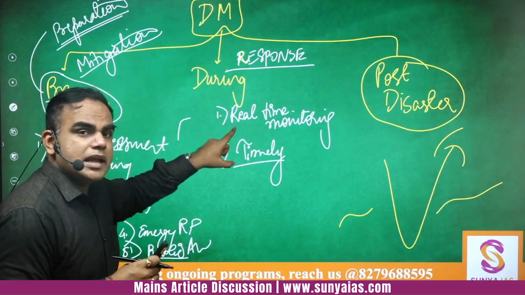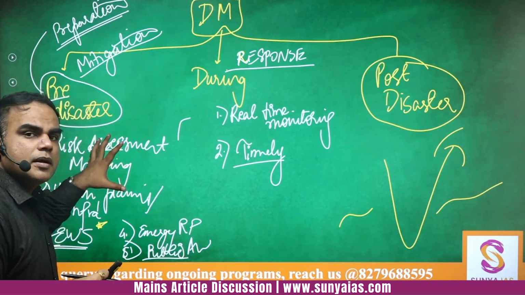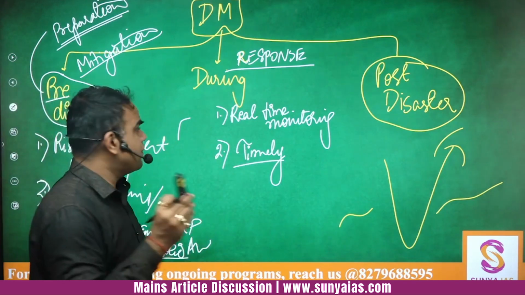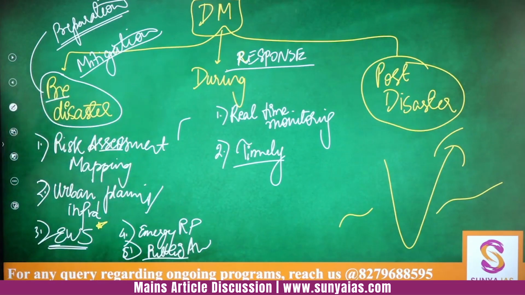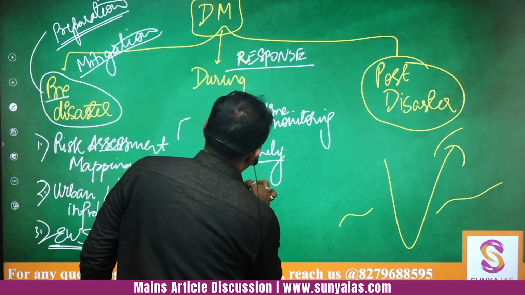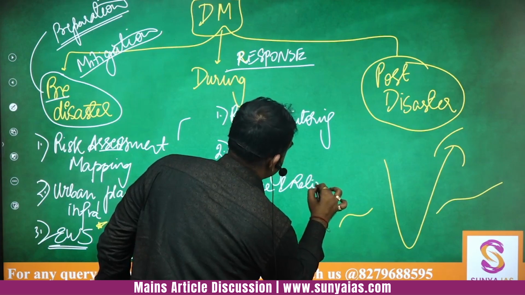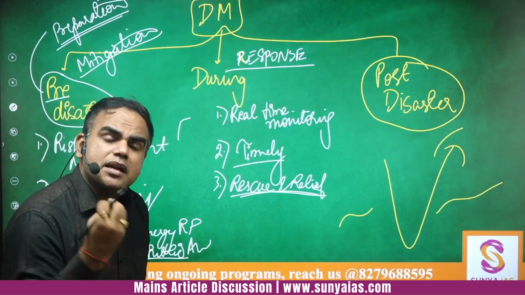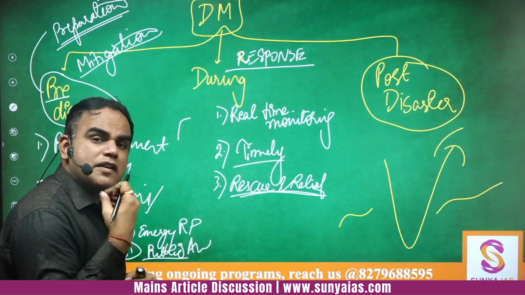And for this, your infrastructure has to be very strong, very solid, so that the moment you are able to know this disaster has arrived, real time monitoring should begin as soon as possible and timely response has to be there. Now after timely response, you have to plan your rescue and relief operations. Which means a lot of relief shelter camps have to be set up. There has to be budgetary and resource allocation, you need funds for that.